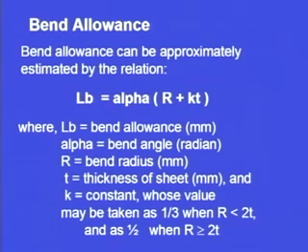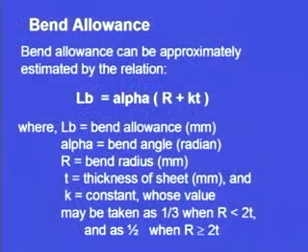So, what are these different parameters which give us the bend allowance? LB is the bend allowance, as I have already told. Alpha is the bend angle in radians. R is the bend radius, T is the thickness of the sheet in millimeters, and K is a constant whose value may be taken as 1 by 3 when R is less than 2T. When the bend radius is less than 2 times the thickness, we can take the value of K as 1 by 3.